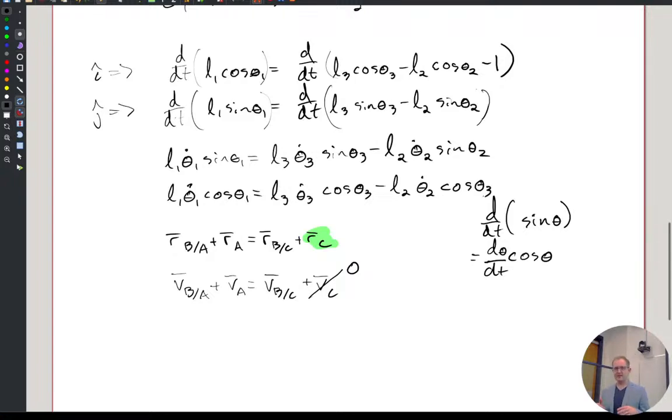Now we've got constraints on velocities, I and J component velocities.